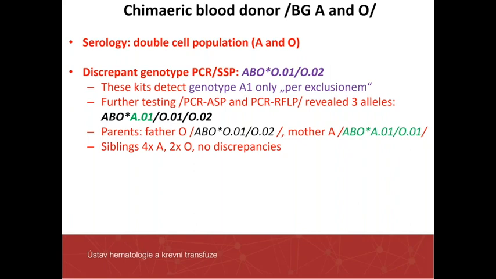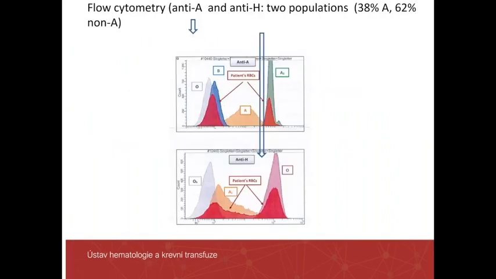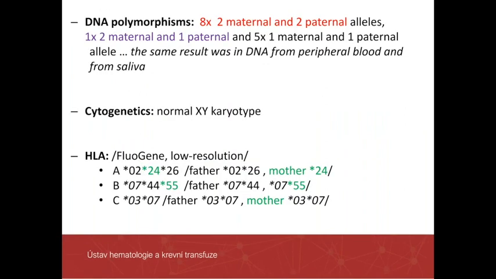So we can see almost a double set of alleles from father and mother. This is represented in flow cytometry for red blood cells, and also in DNA polymorphisms, where maternal and paternal alleles are present in higher numbers than in a normal individual.